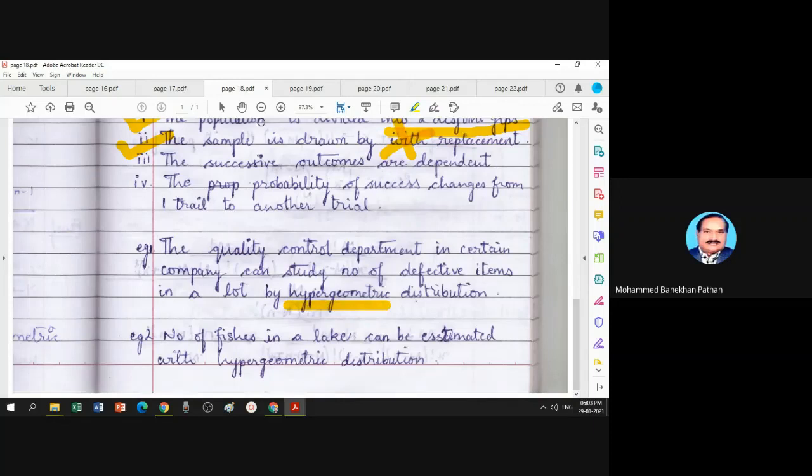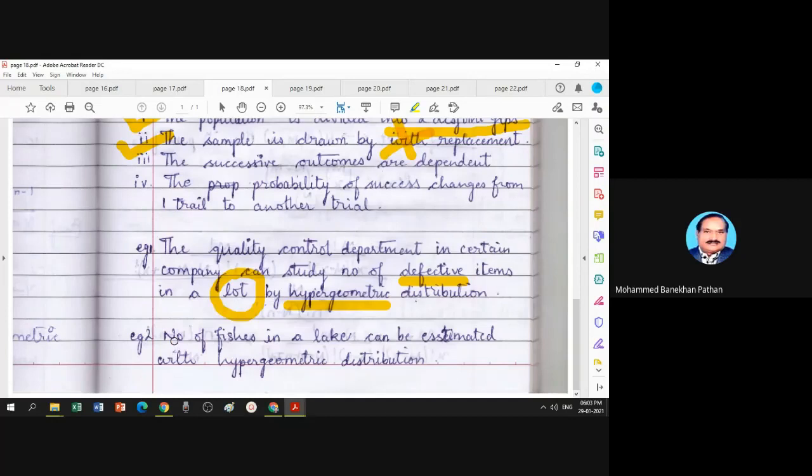Very easily with the help of these conditions. The entire production in a lot will be classified in two parts. Some are defective and the rest are non-defective. So I divide the lot, that is the population, in two categories, defective and non-defective. Then I draw the sample from this lot without replacement. And then I can use hypergeometric to study such a situation.